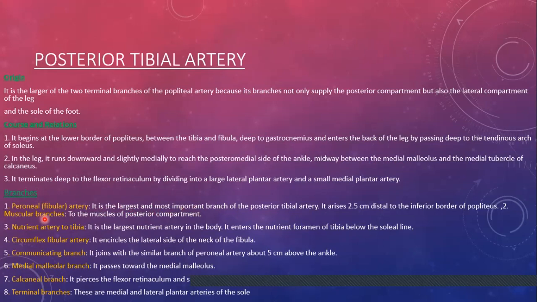It also has muscular branches to the muscles of the posterior compartment, the nutrient artery to tibia, which is the largest nutrient artery in the body, the circumflex fibular artery, which encircles the lateral side of the neck of fibula and participates in the genicular anastomosis, communicating branch, which joins with the similar branch of the peroneal artery, medial malleolar branch, which passes towards the medial malleolus and participates in the malleolar anastomosis, the anastomosis around the ankle.